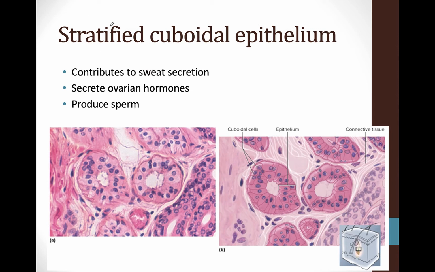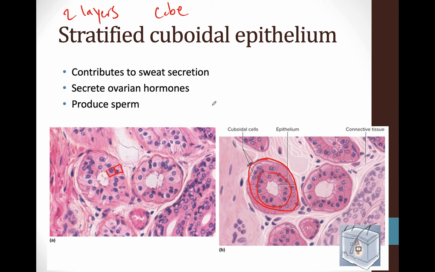Stratified cuboidal is typically going to have 2 layers of cube-like cells, and you can see these right here. Here's one cell, here's another cell, so here's one layer here, and then here's another layer right there.